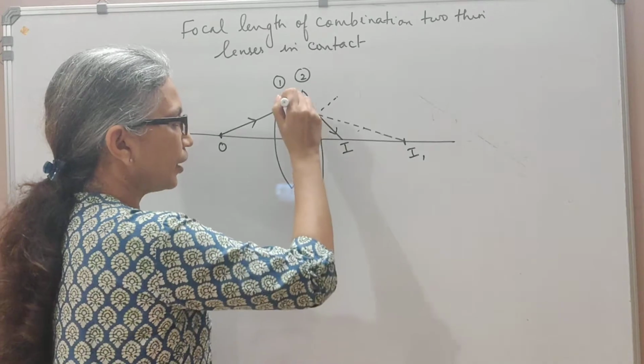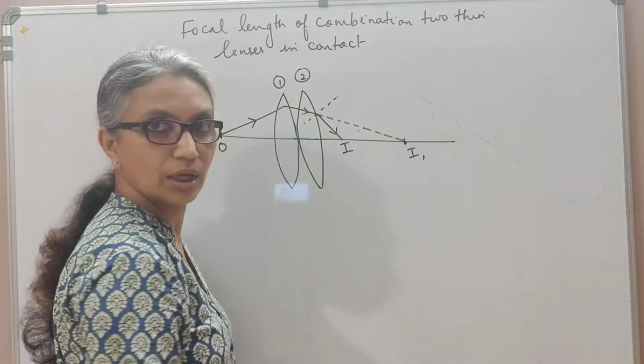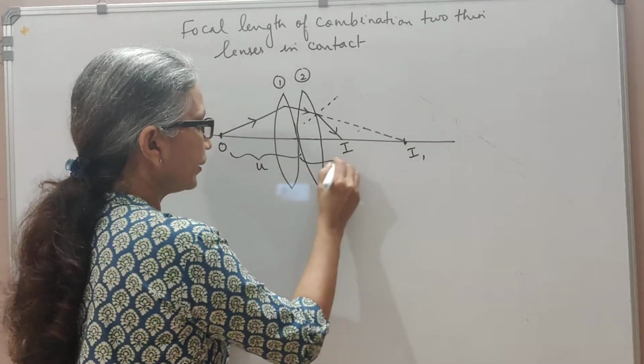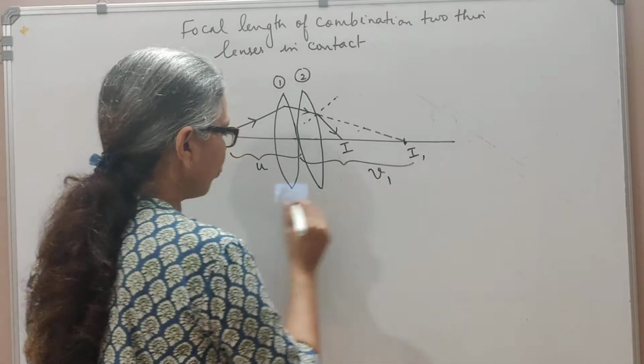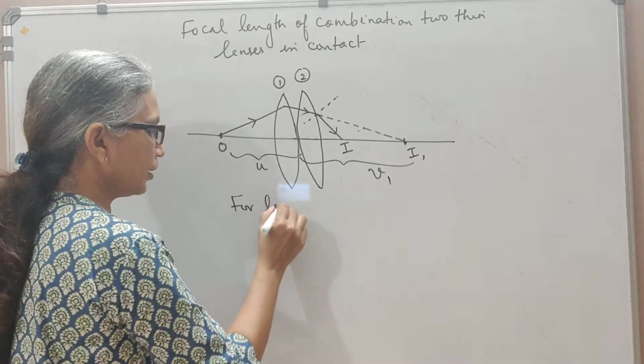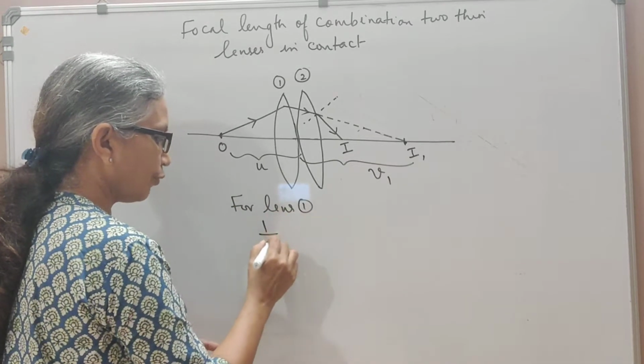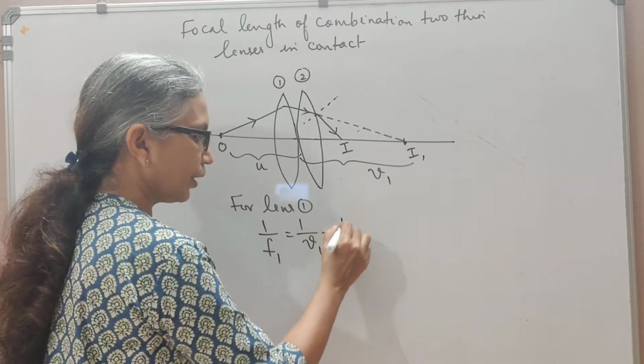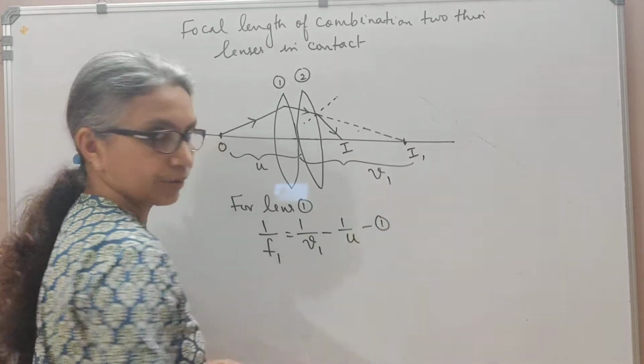If the second lens had not been there, its image would have gone on to I1. So if I take this as U and this as V1, for lens 1 I may write 1 by the focal length of the first one equal to 1 by V1 minus 1 by U, my first equation.